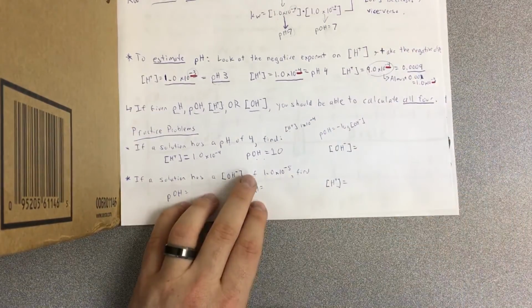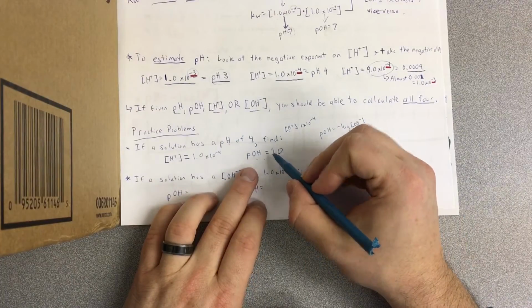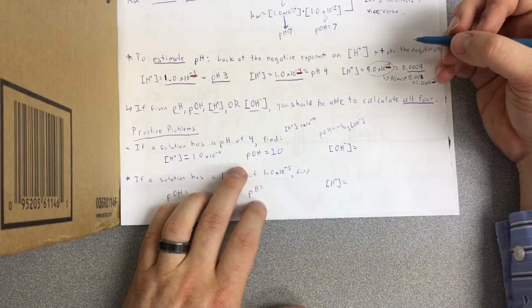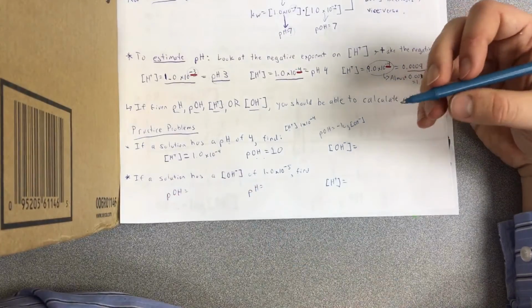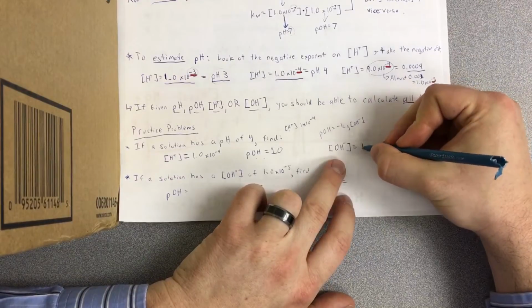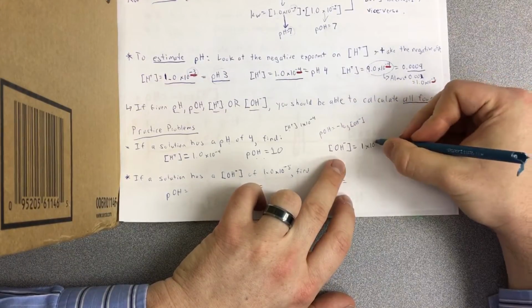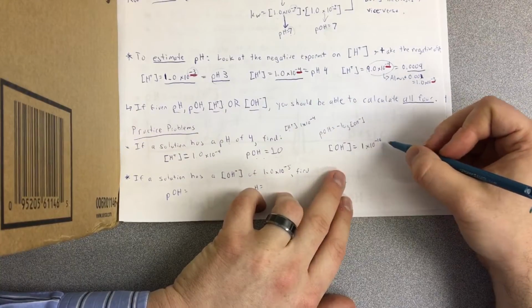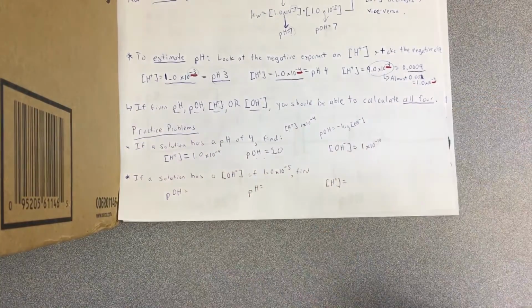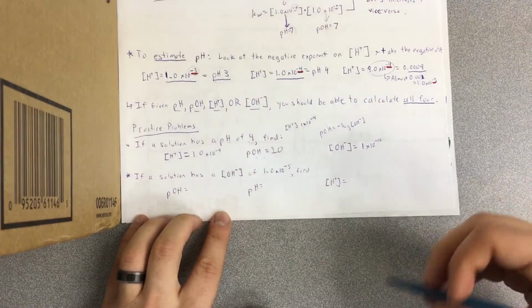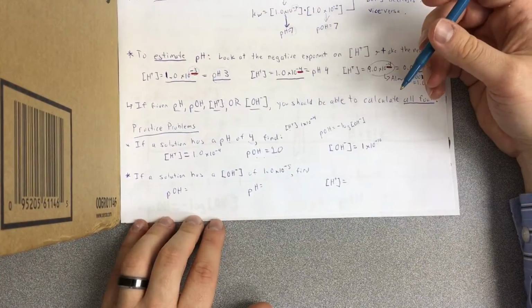So, if we take this number, put it on as an exponent of base 10, and take the negative of it, that will tell us what the concentration of OH- is. So the concentration of OH- would be 1 times 10 to the negative 10. Took this 10, put it as an exponent here, made it negative. So just from this one number, a pH of 4, we could figure out all 4 of these values, and that's what we're going to be asked to do regularly.